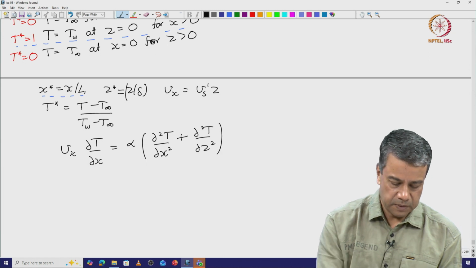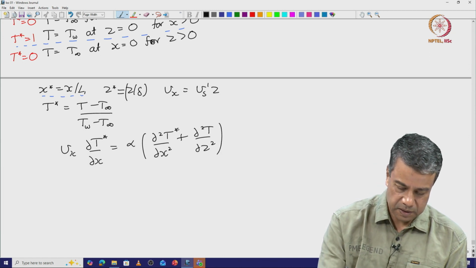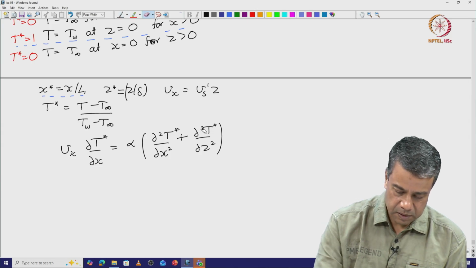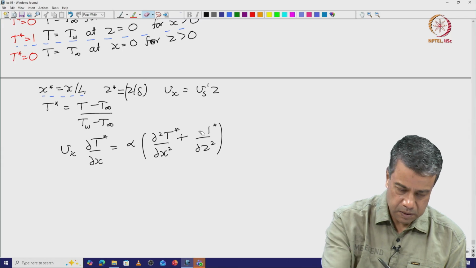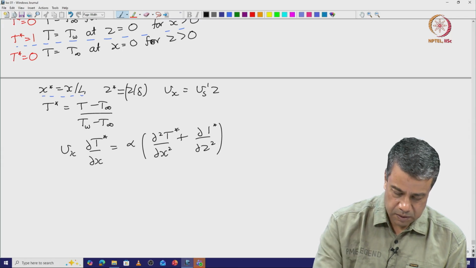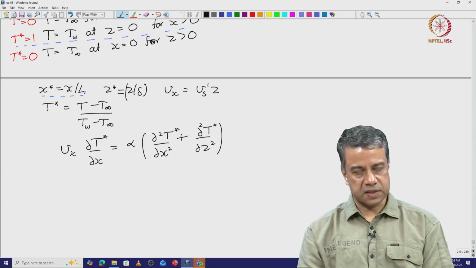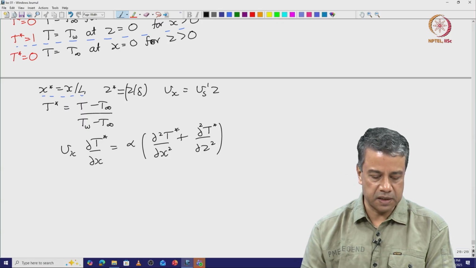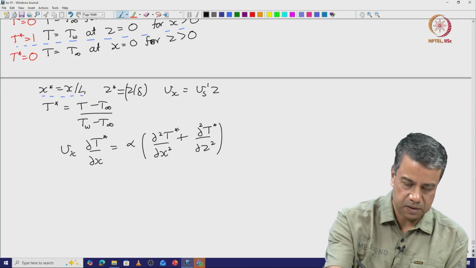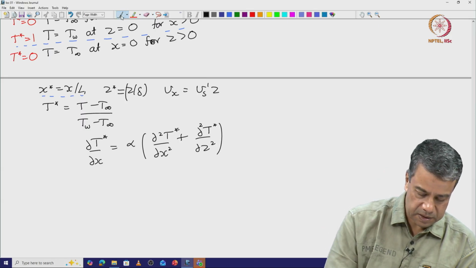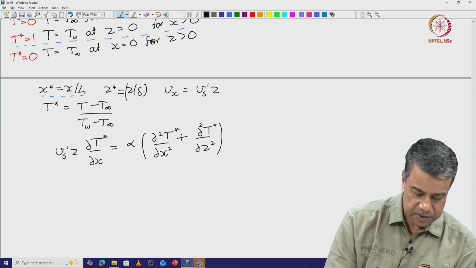You can write this in terms of T star, because the equation is linear in T, so we have equal scalings on both sides. And for this I write Vs prime times z.